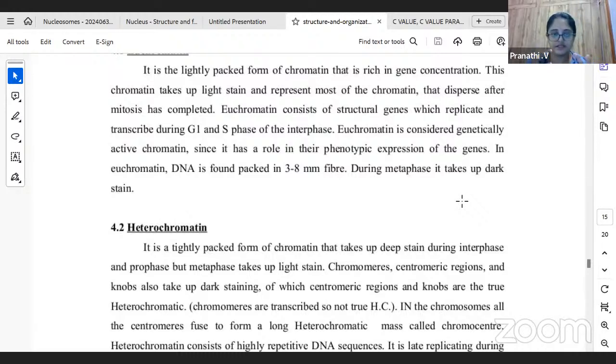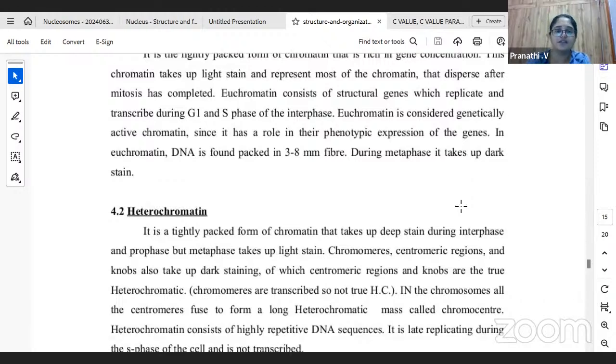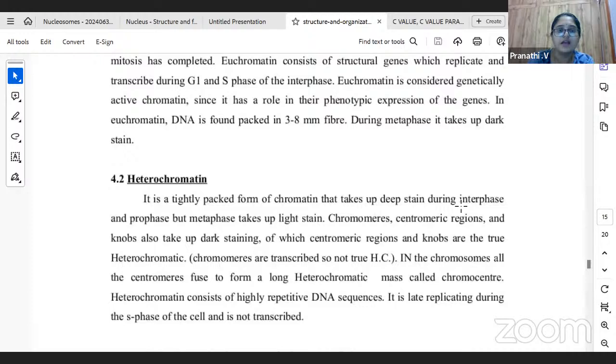Heterochromatin: this same chromatin, which is euchromatin, when it is during cell division, is going to be tightly packed and takes in a darker stain. So you get a deep color during the interphase and prophase. But during metaphase again, it's going to get lighter. So chromomeres, centromeres, and knobs look darker because of the condensation and the tightly packaged way they are, and they are the true heterochromatic chromatin.